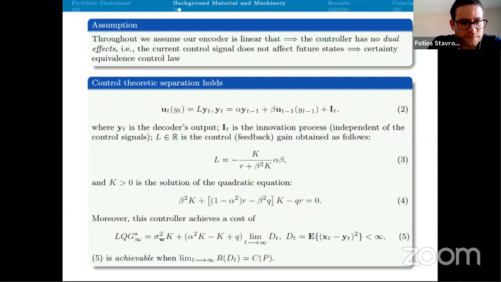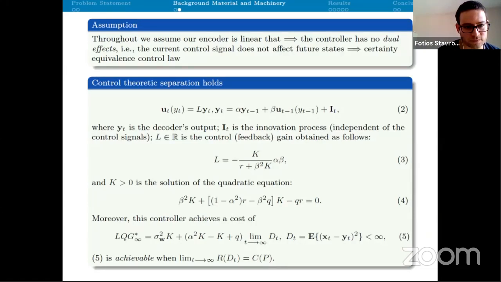Throughout this paper, we assume that our encoder is linear. This means that the optimal controller is a certainty equivalence control law, and the control-theoretic separation principle holds. The scalar-valued version of the control-theoretic separation principle is illustrated in formulas 2 to 5.